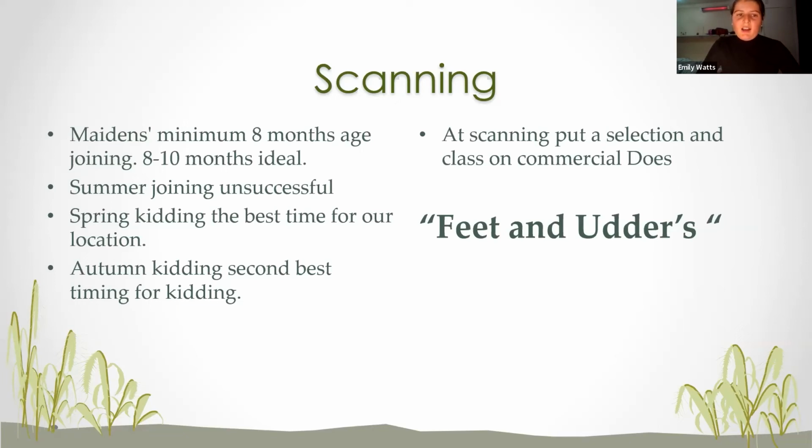But I think as soon as you pull the weaners off and then you join them, that is when your best success rates are for joining. From when we were scanning, we would scan a lot of wet ones, but they weren't back into kid. So I think that theory has been questioned a bit for us. I think that's probably something we're not quite there for.